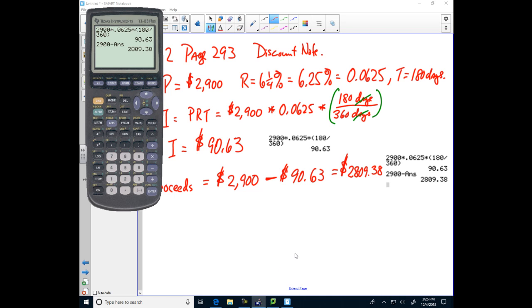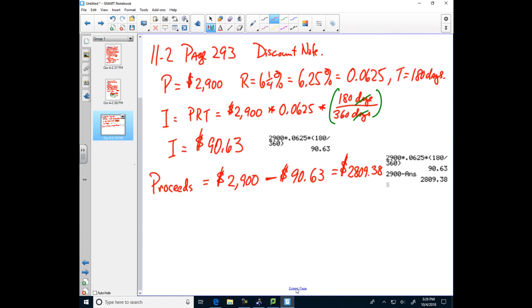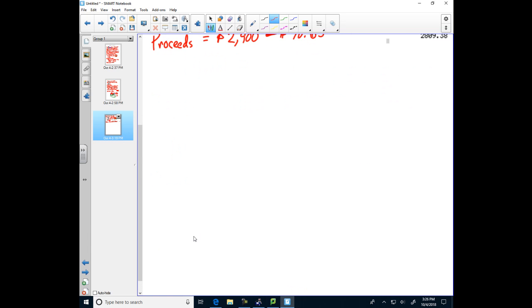I don't know if more complete's the best way of looking at it. It's just a little bit different than what we worked the first time. And actually, I'm not sure it makes any more sense to do it that way than the other way. Let's just look at 1112. I'll show you what I'm talking about. 1112, page 294.